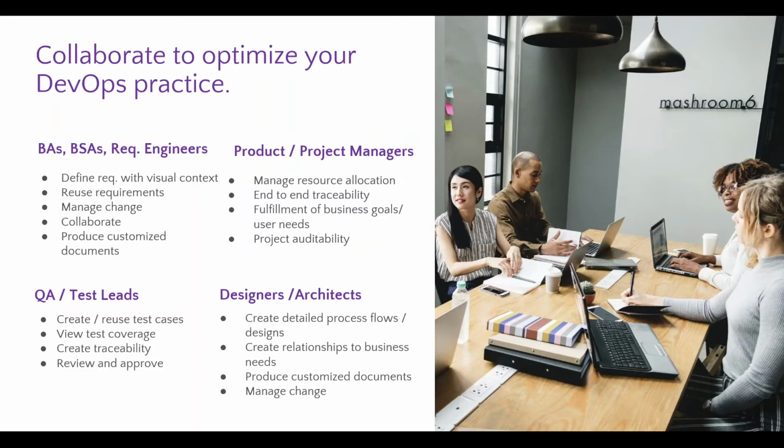And because the tool provides many function points for the requirements process, the testing process, as well as other functions within your product development lifecycle, it really provides value to quite a few different roles within your product development lifecycle.